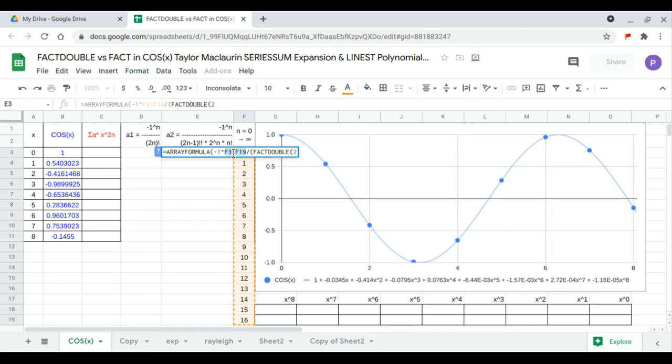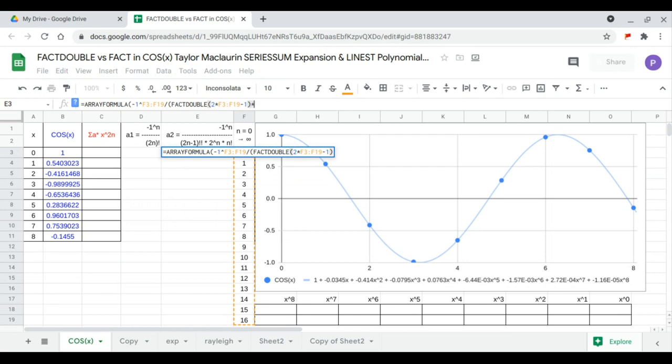This is our n, copy. So that is 2 times n. It should be here. 2 times n minus 1. So that's a double factorial.